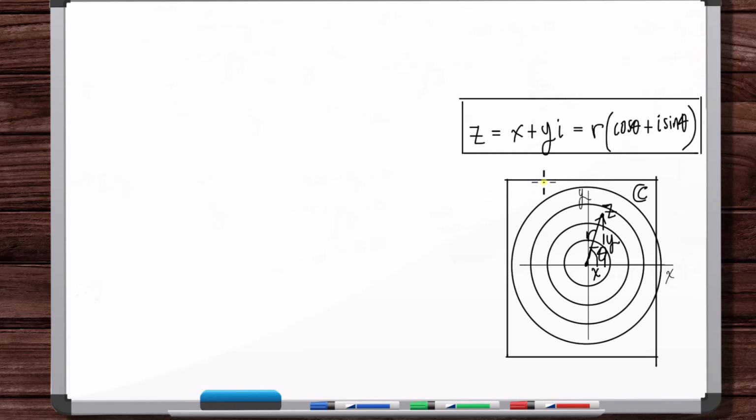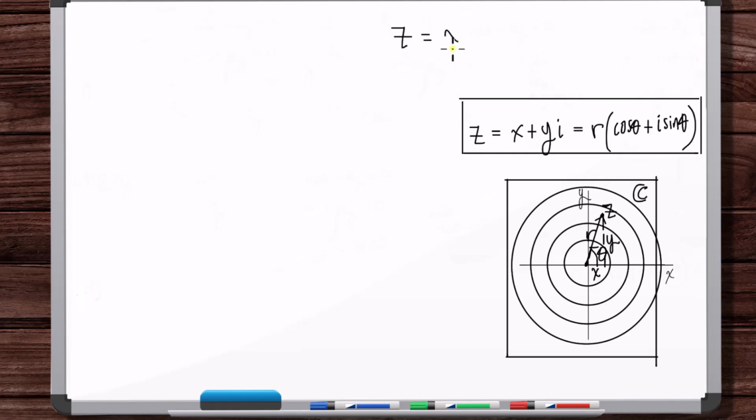Okay, and so why do we want to do this, though? Why do we want to represent complex numbers in a polar form like this? Well, it's going to be very beneficial in a lot of circumstances. If you start with a complex number, which in most cases you'll have in rectangular form, right?